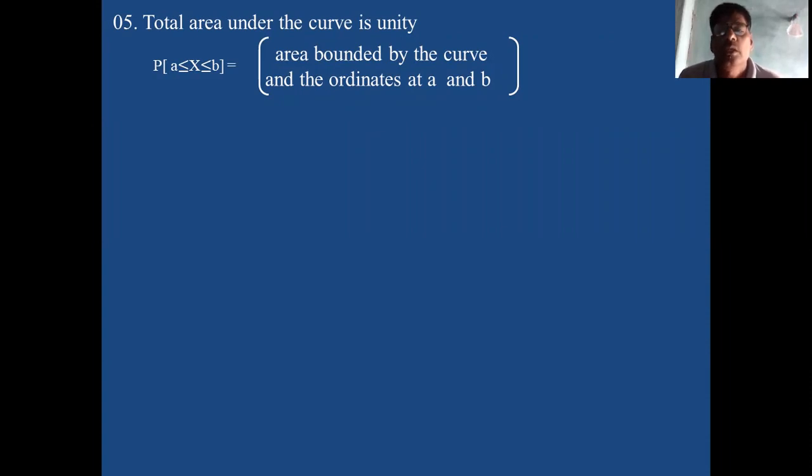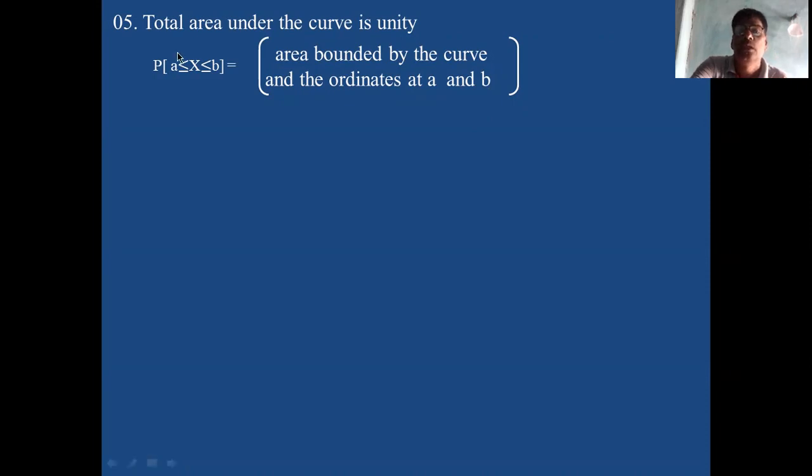Limit A, limit B. So in between those A and B limits, whatever area is covered, that area is the value of probability. Remember this. So the area bounded by the curve and ordinates at A and B, that is nothing but in between A and B. Area between A and B is the value of probability.